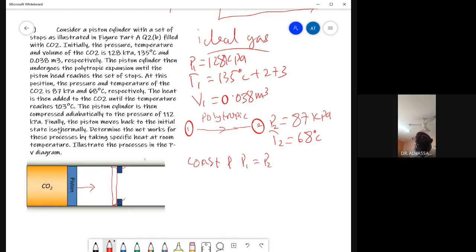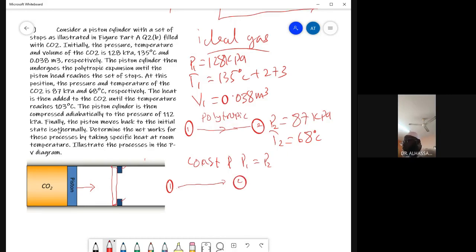Then heat is added to the carbon dioxide until the temperature reaches 103 degrees Celsius. Let's see again. Start from state 1, it goes to state 2.